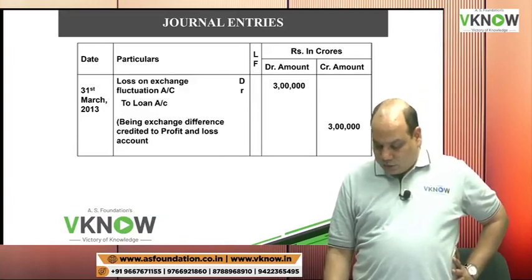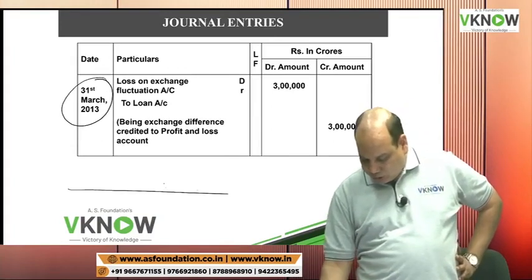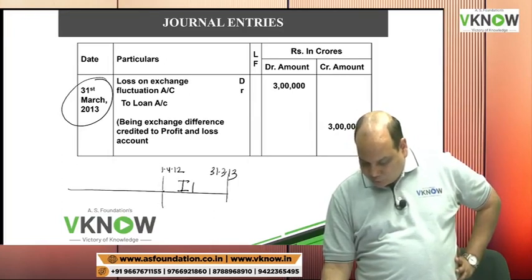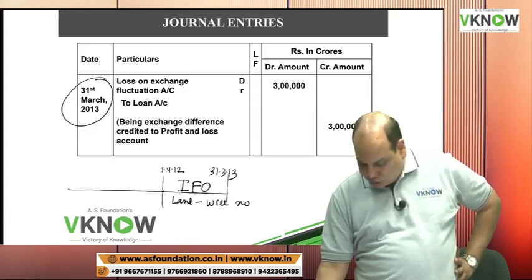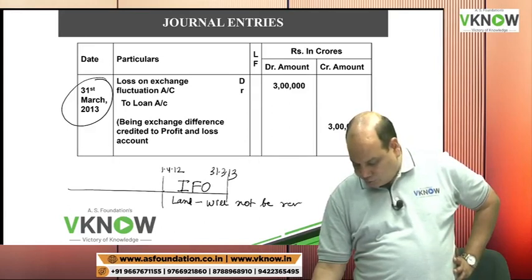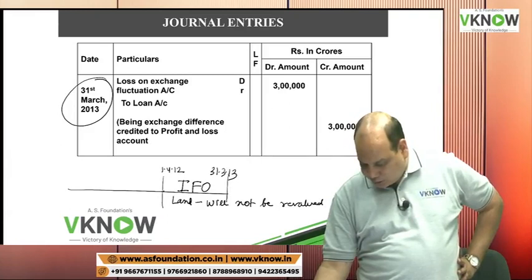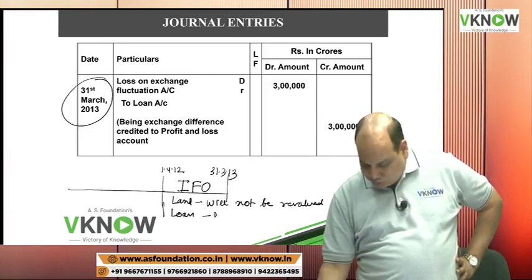Now the interesting thing is 31st March 2013. From 1/4/12 to 31st March 13, the classification of foreign operation is EFO. Henceforth, land will not be revalued because it is a non-monetary item carried at cost, whereas loan will be revalued.